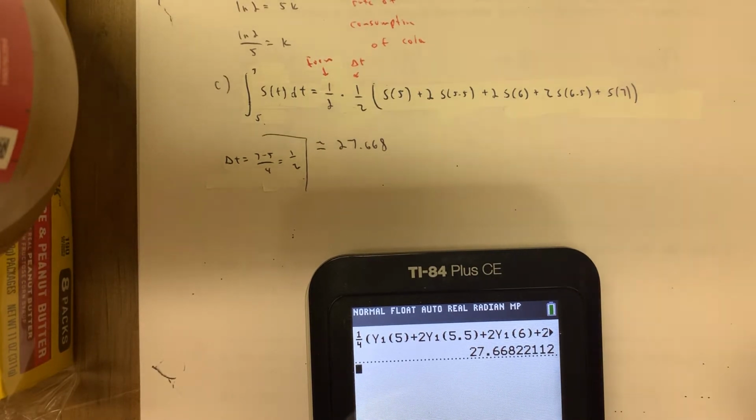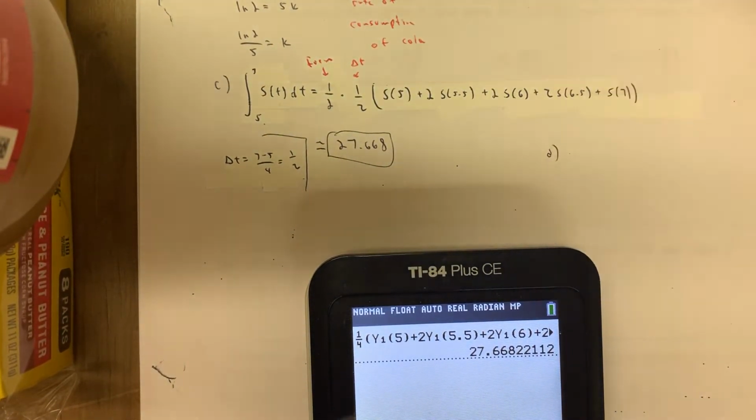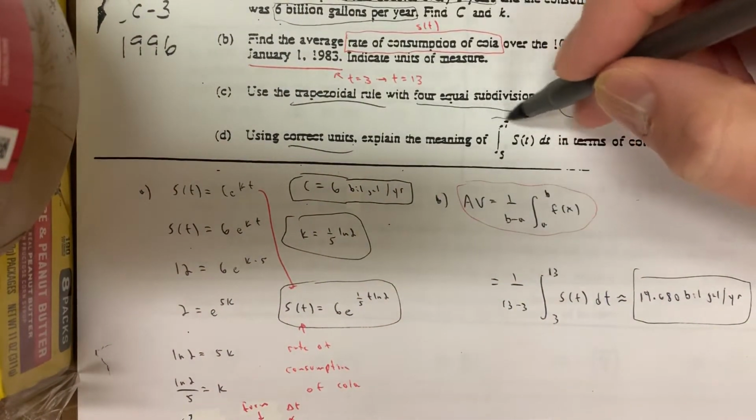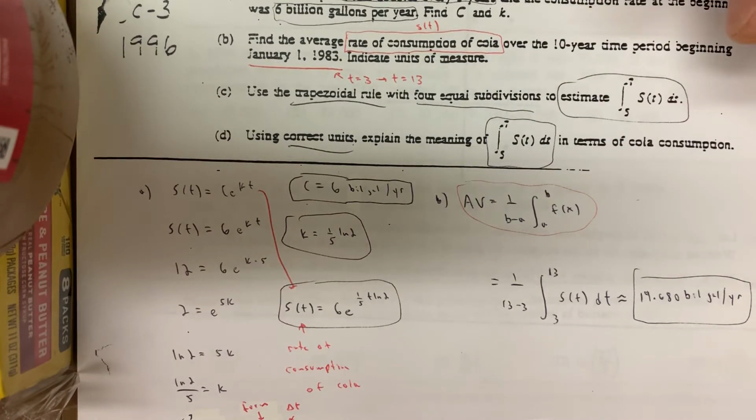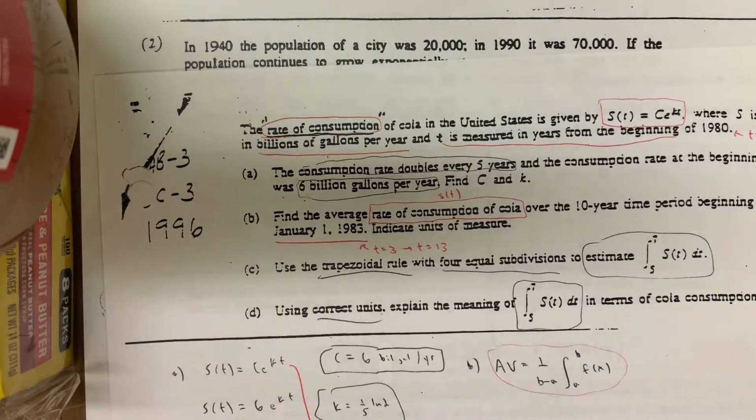I think they just want us to estimate it right there in part C. Part D is where things start getting interesting. They're saying, using correct units, oh boy, explain the meaning of this integral in terms of cola consumption. And remember what s of t represents: the rate of consumption of cola, the rate at which cola is consumed.